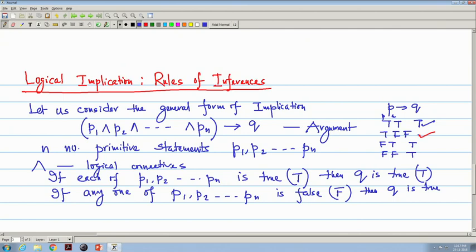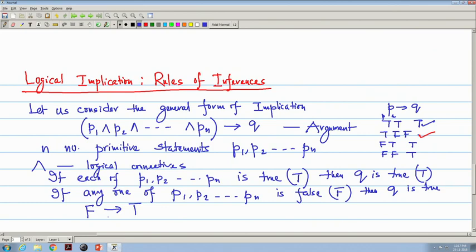Because the left hand side becomes F, and F implies T is by default true, that is, vacuously true.